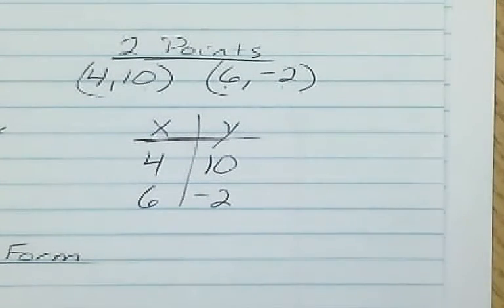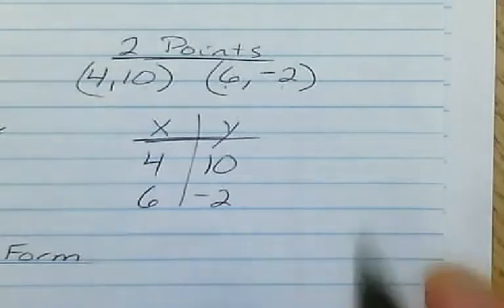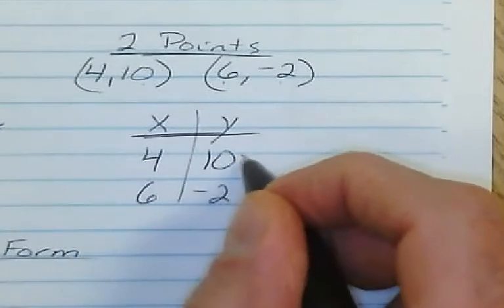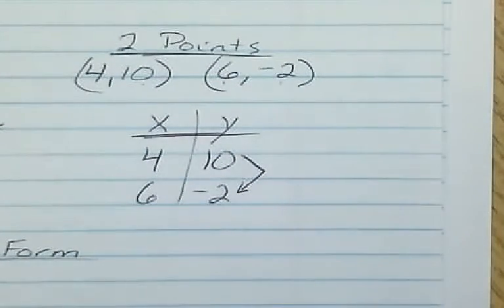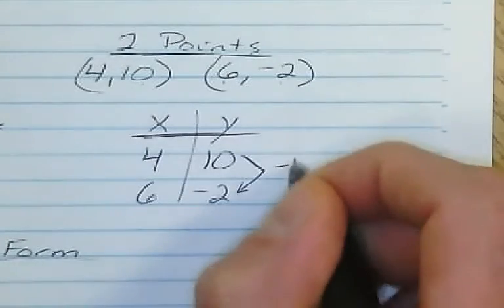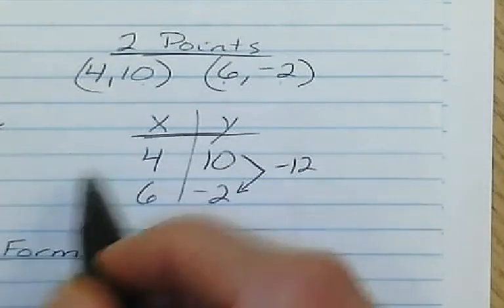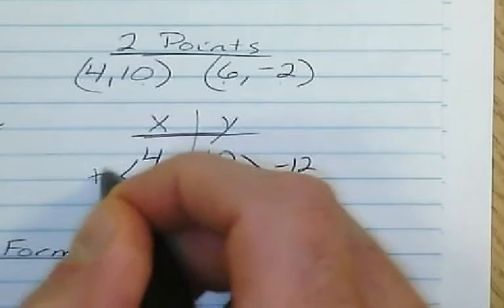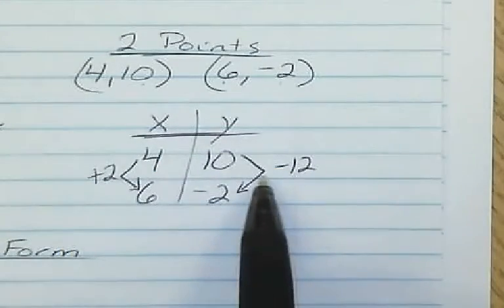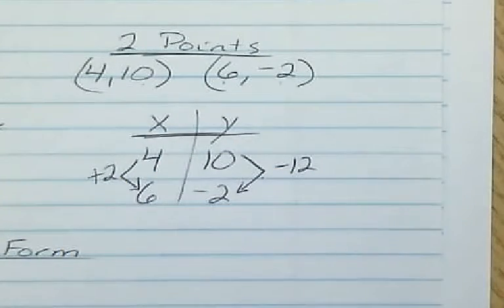Next, we have to calculate our change in y and change in x. So we draw arrows. How do you go from 10 to negative 2? Well, we're going to subtract 12. How do we go from 4 to 6? Well, we have to add 2. Make sure when you're doing this, your arrows are going in the same direction.